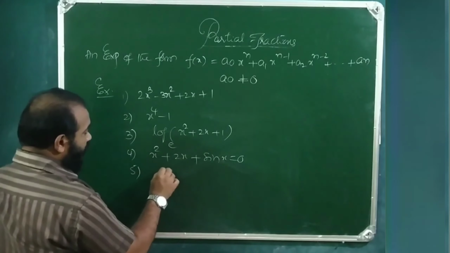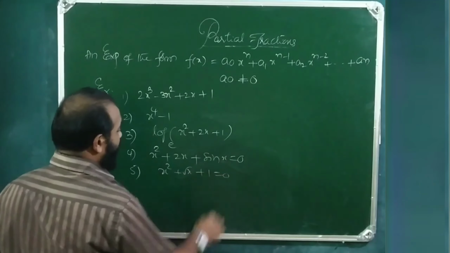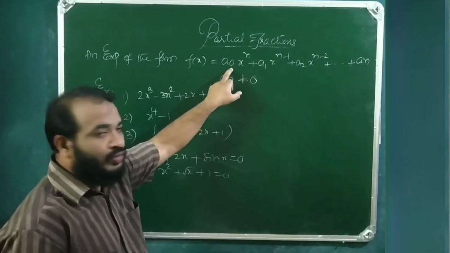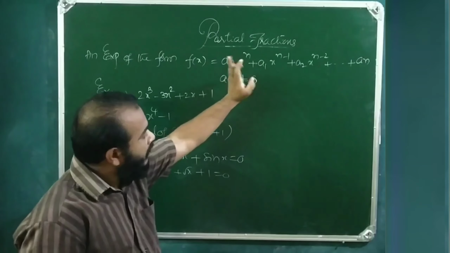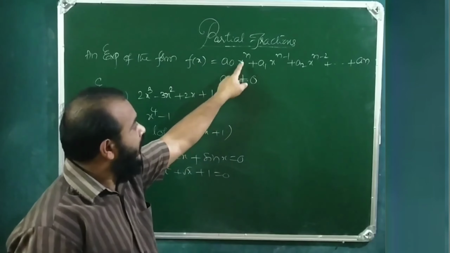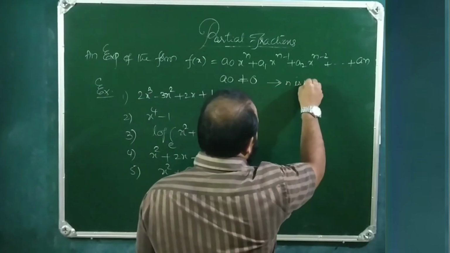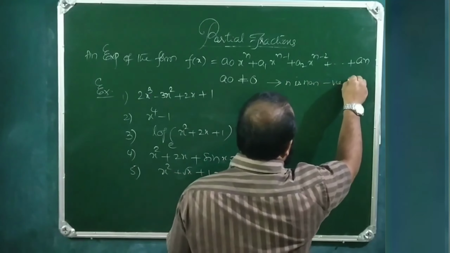And so is the case with x square plus root x plus 1, because for anything to be a polynomial, the power or the exponent, the highest power should be a non-negative integer. N is a non-negative integer.